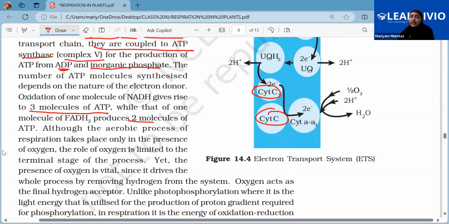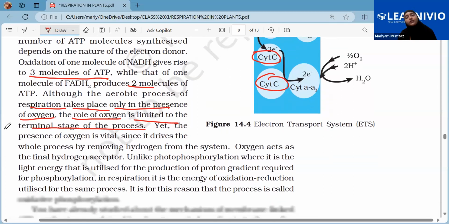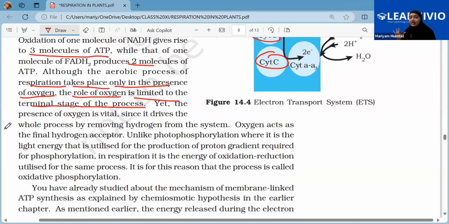Although the aerobic process of respiration takes place only in the presence of oxygen, the role of oxygen is limited to the terminal stage of the process. See, all of these steps, 100% have to happen in the presence of oxygen, but there is no role of oxygen over here. It is of no use, but it is of use at the last stage, at the end.